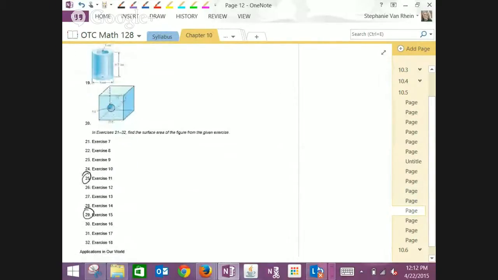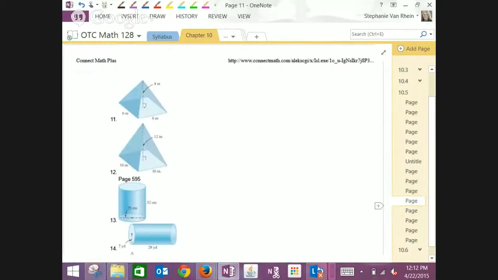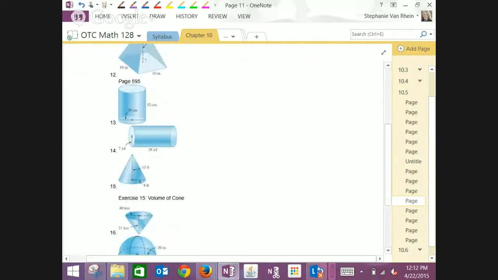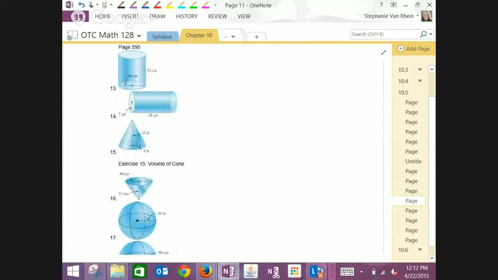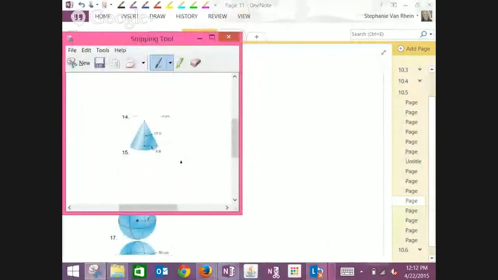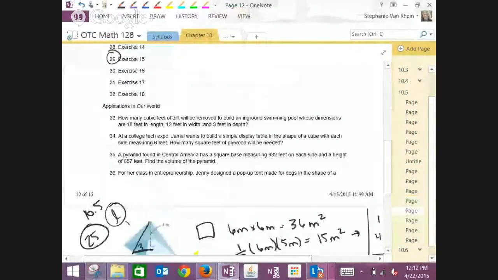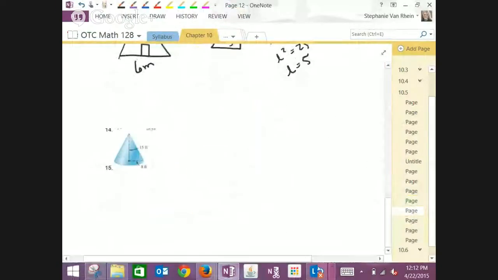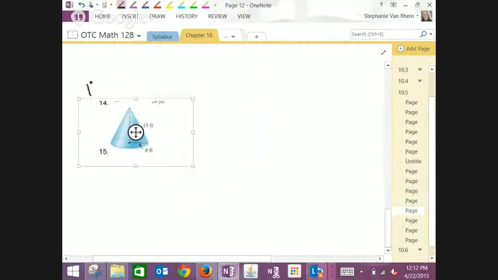So that was 25. 29, we're looking at 15. So for 29, we're looking for the surface area of this shape. Does the formula give you a surface area of a cone? I think it does.